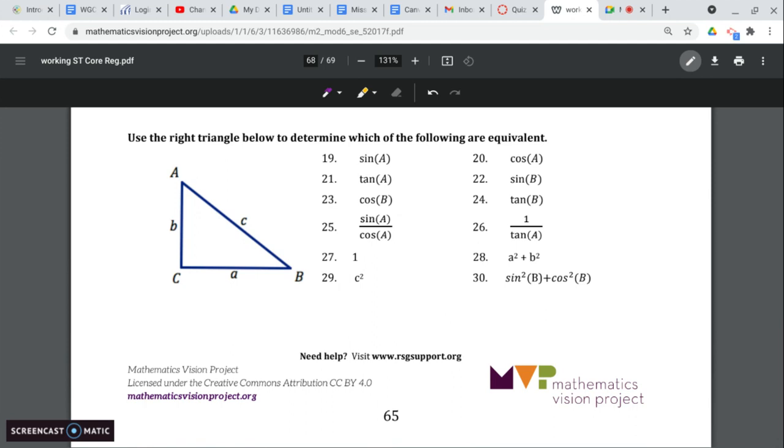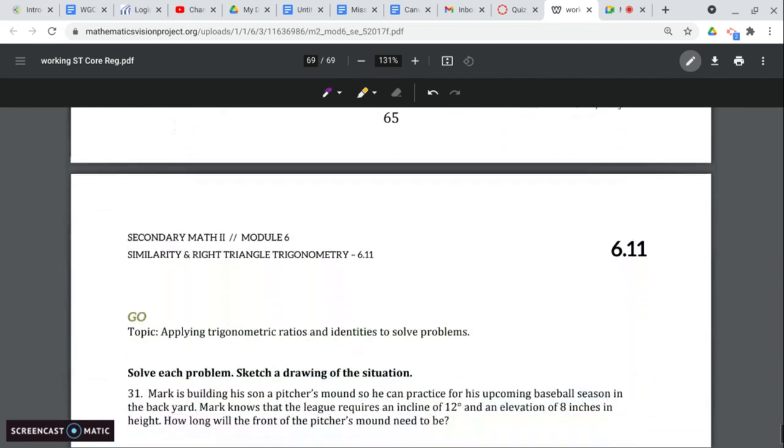Well, 1 is going to equal sine squared B plus cosine squared B. That's always going to be the case. It's a true relationship. And then the Pythagorean theorem, a squared plus b squared equals c squared. So those two match up there. So you're just drawing lines to connect these, okay? So obviously lots of parts there.